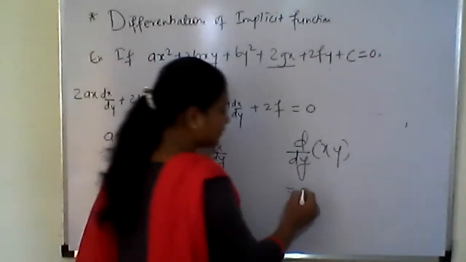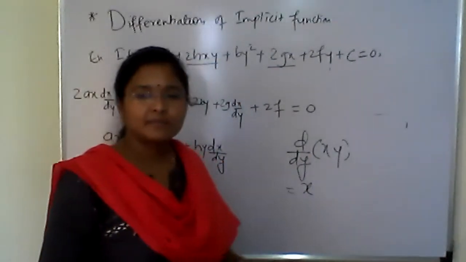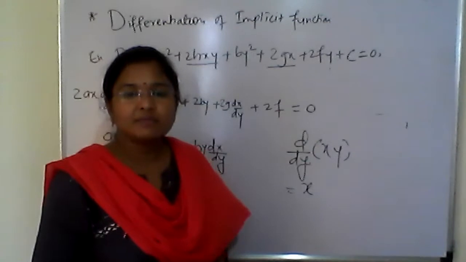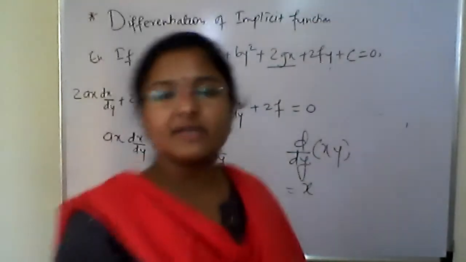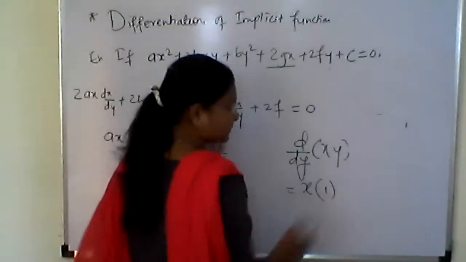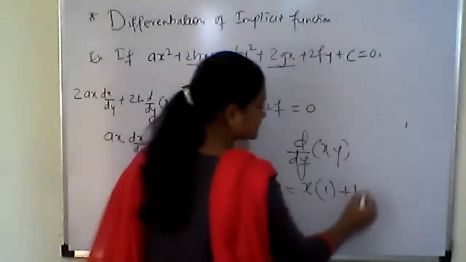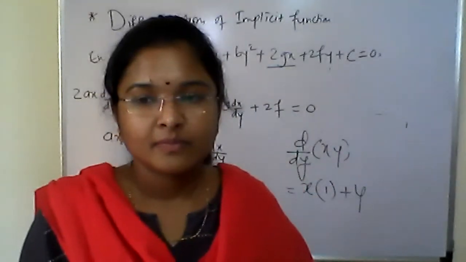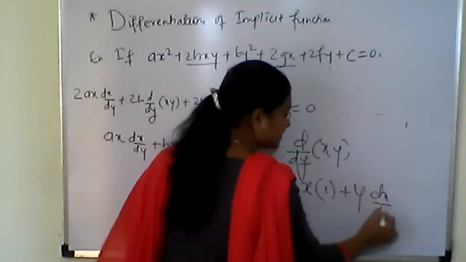Now, if we keep x constant, what is the derivative of y with respect to y? 1. Okay, so here 1 will be there because dy by dy, plus. Now we'll keep y constant. What is the derivative of x with respect to y? Dx by dy, exactly.